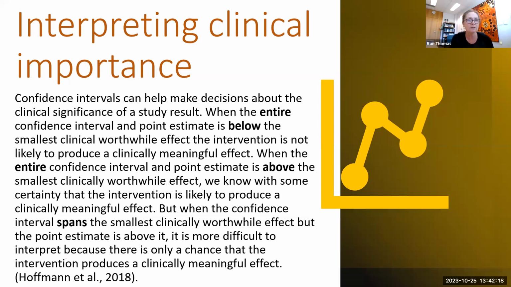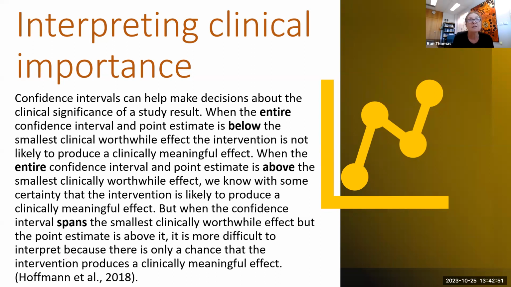It's written by a friend of mine, Tammy Coughlin, and she wrote this great book on evidence-based practice. Confidence intervals can help make decisions about the clinical significance of the study result. Now, when we're looking at pictures, when the entire confidence interval and the point estimate, so that number before the brackets and the numbers inside the brackets, are below the smallest clinical worthwhile effect, then the intervention is not likely to produce anything clinically meaningful.